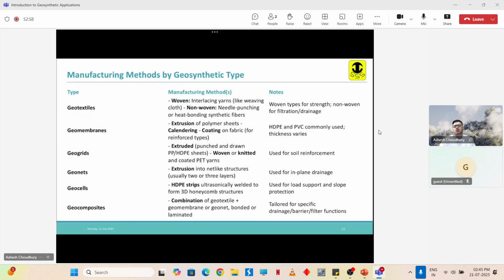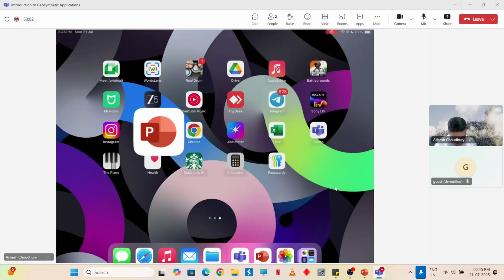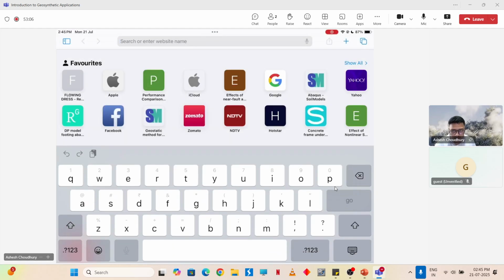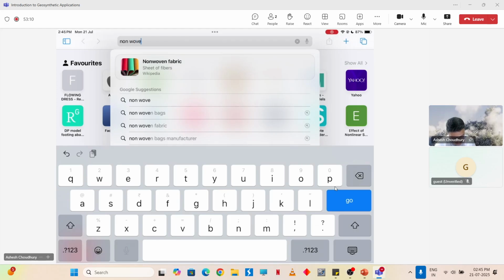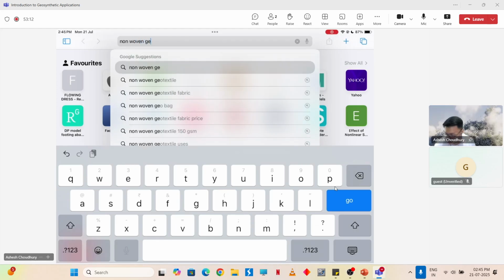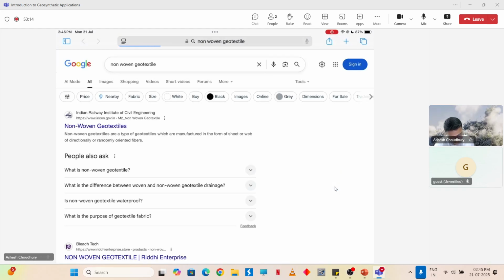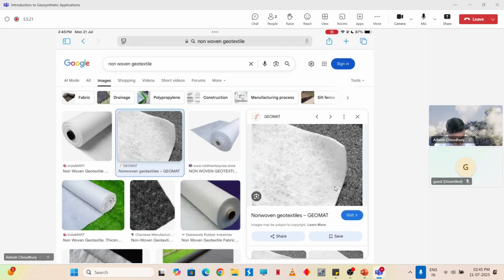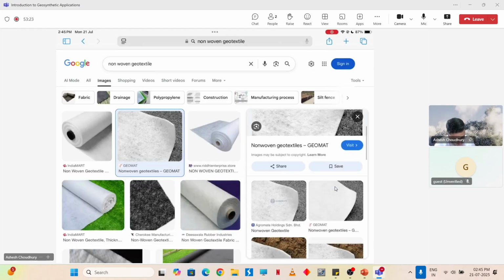If you want to see some pictures, maybe I can search here. Okay, so these non-woven geotextiles look something like this.